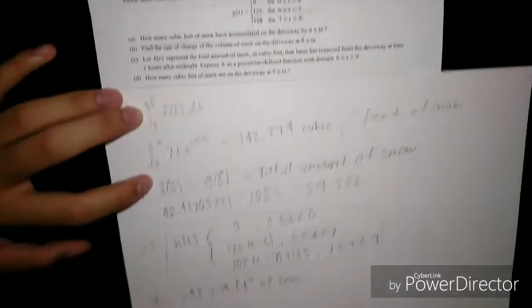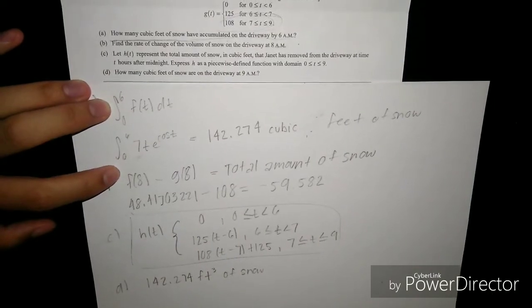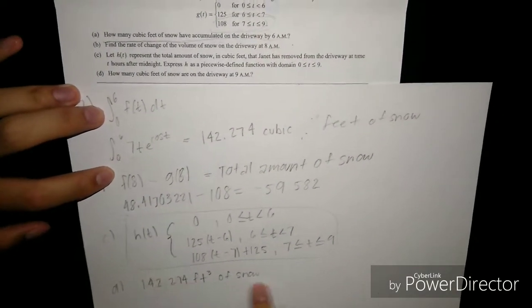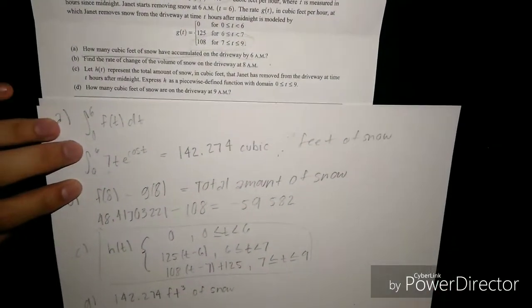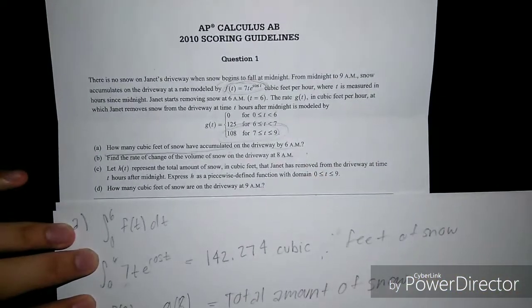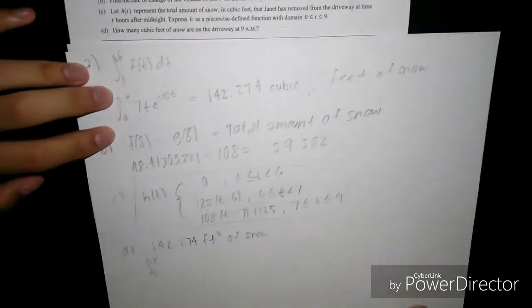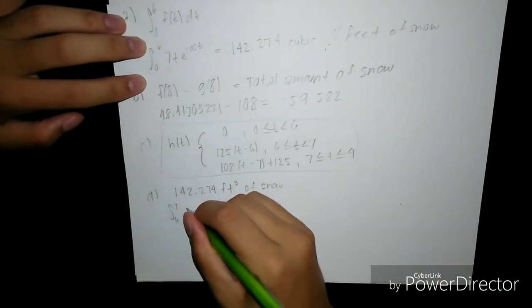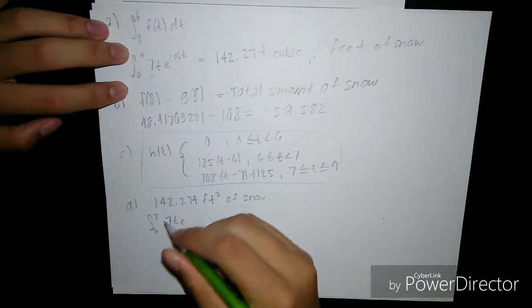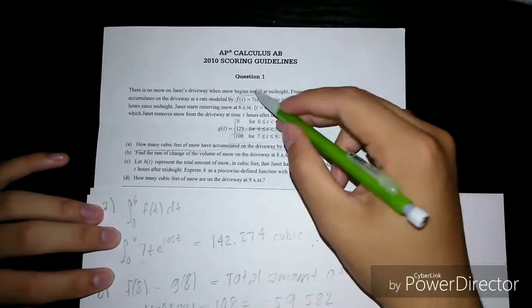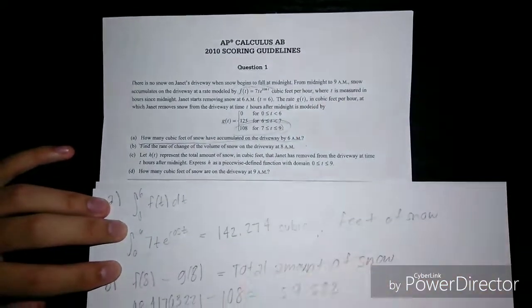Now we have to figure out how much snow fell and how much snow was removed, and then combine it with the total amount that fell. We can start by figuring out what happened between the hours of 6 and 7. So we're going to integrate to figure out the amount of snow that fell in those hours, by plugging this integral into the model that represents the amount of snow that is falling.